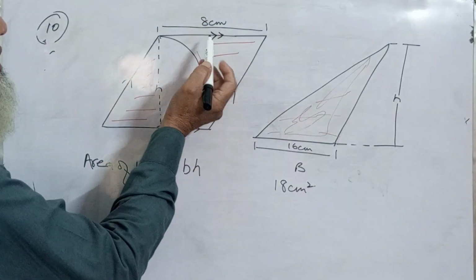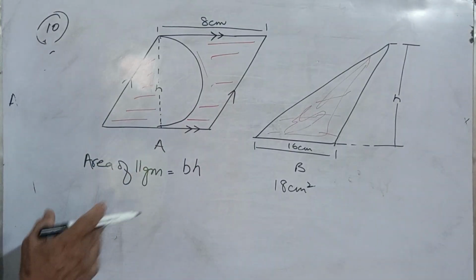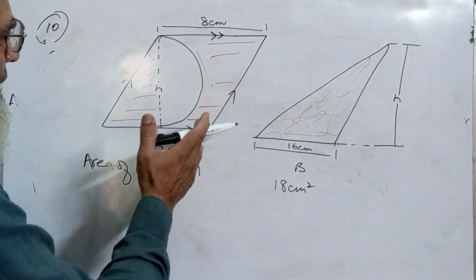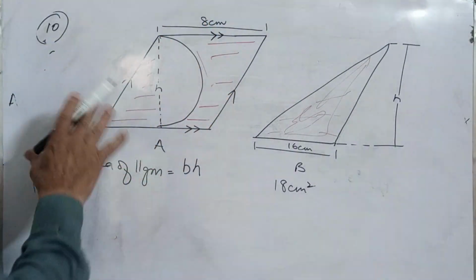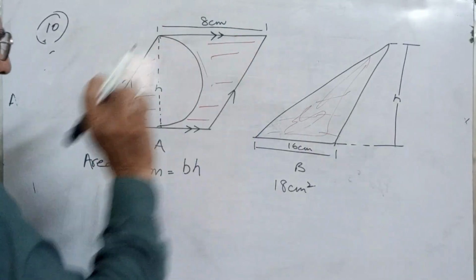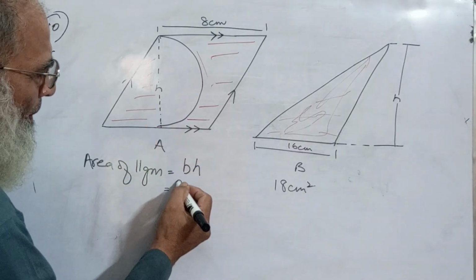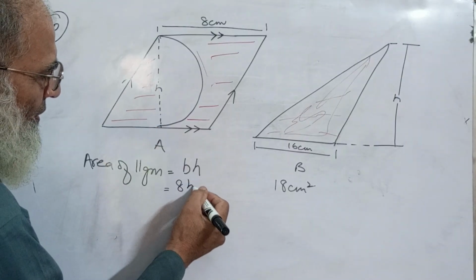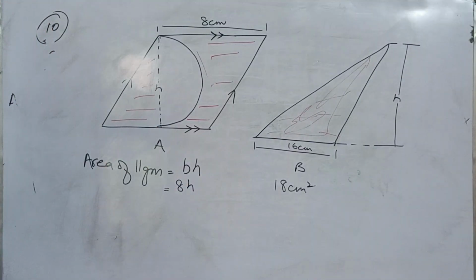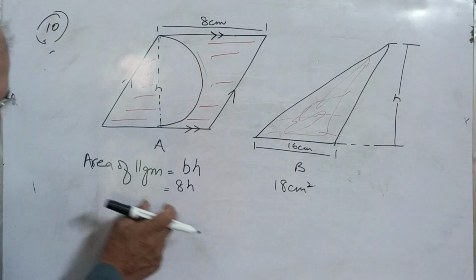You see there are two arrows over here, one arrow there. These arrowheads represent that this is a parallelogram and this is equal to this. So b is 8, h. So this is the area of the parallelogram, 8h.